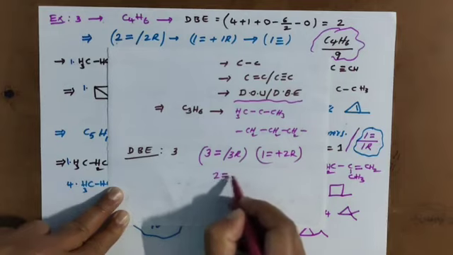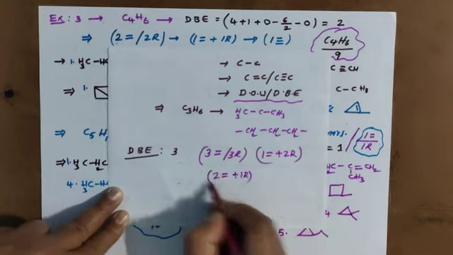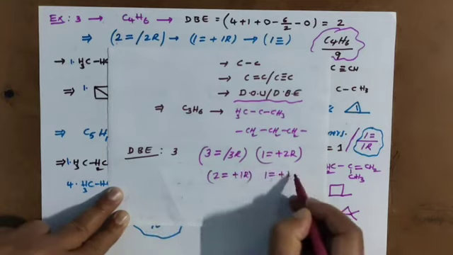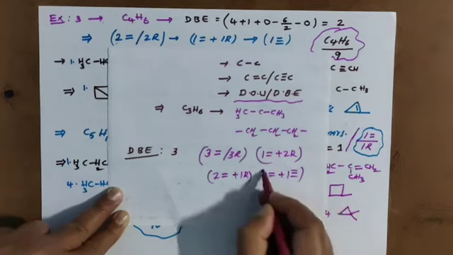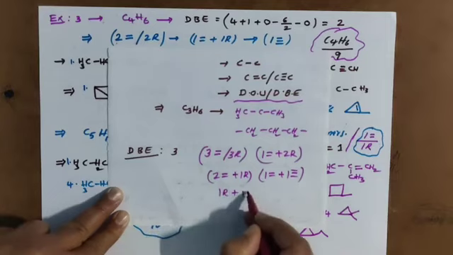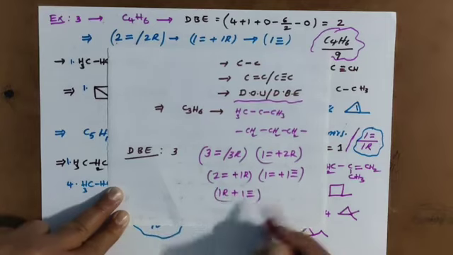And 2 double bonds and 1 ring. 1 double bond and 1 triple bond. 1 ring and 1 triple bond. These are the possibilities.